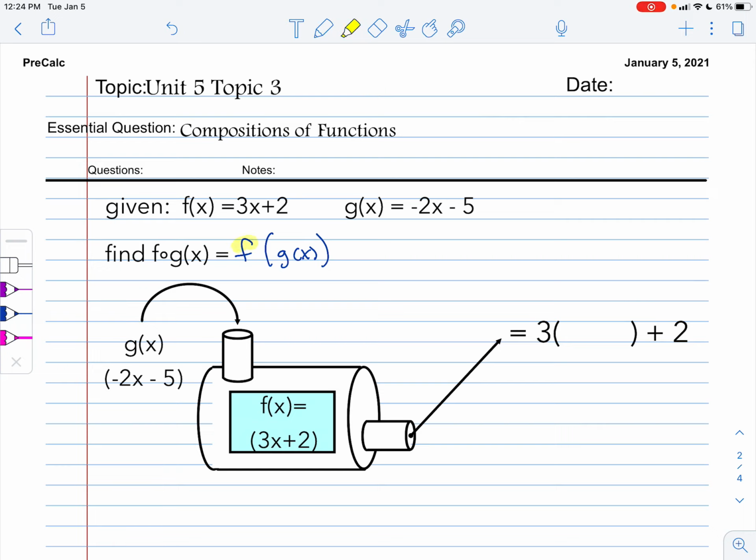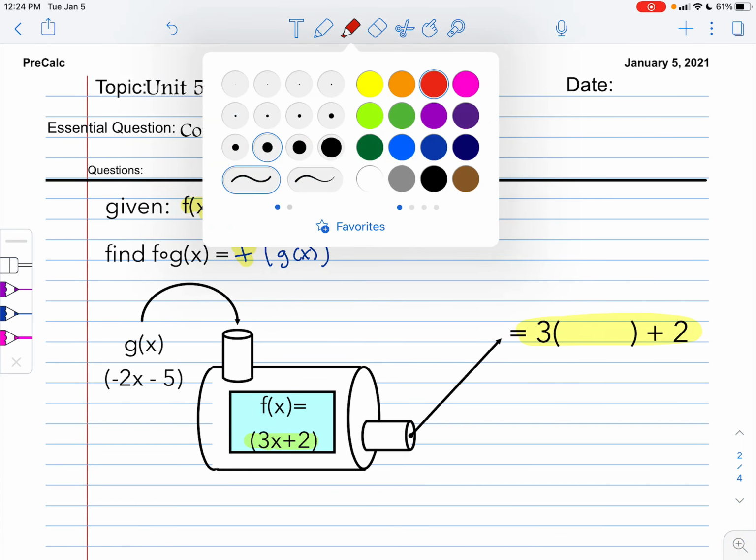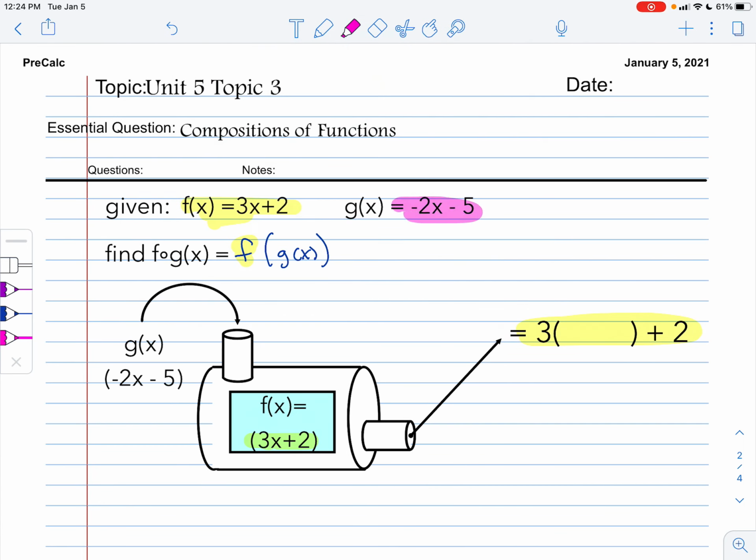So I'm going to take f, this is f of x, right? And I'm going to plug in g, and I'm going to plug g in every place I saw an x. So I'm going to write here negative 2x minus 5. That's exactly what g of x is.